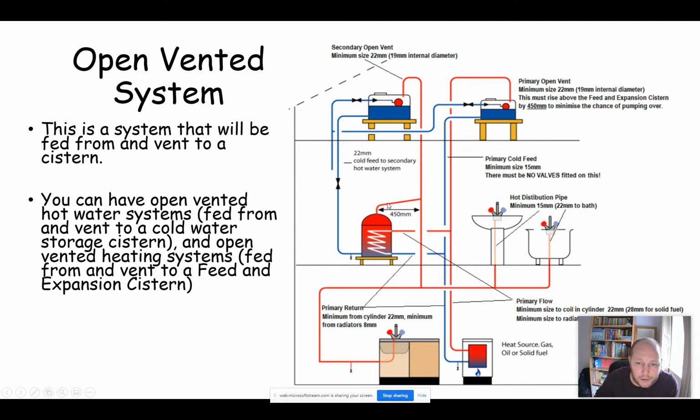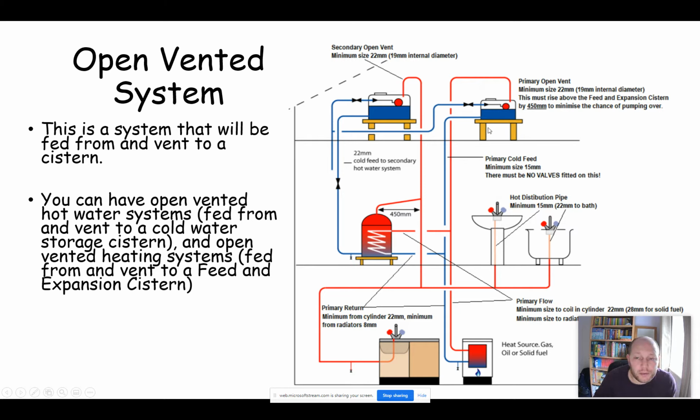You've got the vent. At this point, it's the combined vent and distribution pipe coming off here, with the vent pipe coming up here and discharging, if there is a fault condition, into the top of the cistern just here, going through the rubber grommet like we talked about in the cold water module. And that's essentially an open vented hot water system.